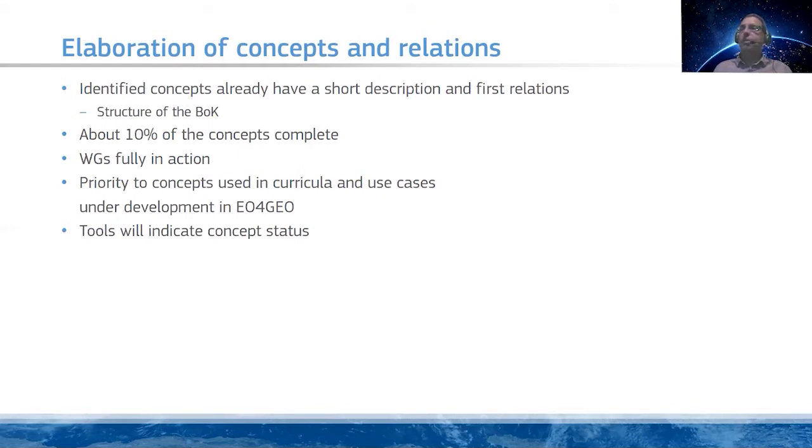This means that different concepts at this moment are in a different stage of development, and therefore it's important to know that the tools will indicate the status of the concepts. So you know if you're looking at a fully elaborated concept description or if it's only the first short description that was given by the identification of the concept.